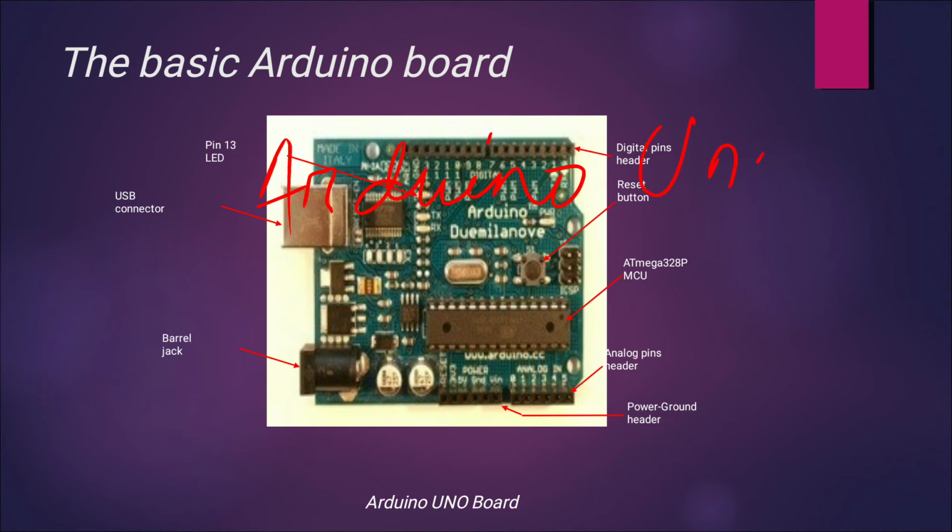It consists of ATmega328. It consists of 14 digital input and output pins, of which 6 can be used as PWM (pulse width modulation) output, and 6 analog inputs, a 16 MHz crystal oscillator, a USB connection, a power jack, an ICSP header, and a reset button.